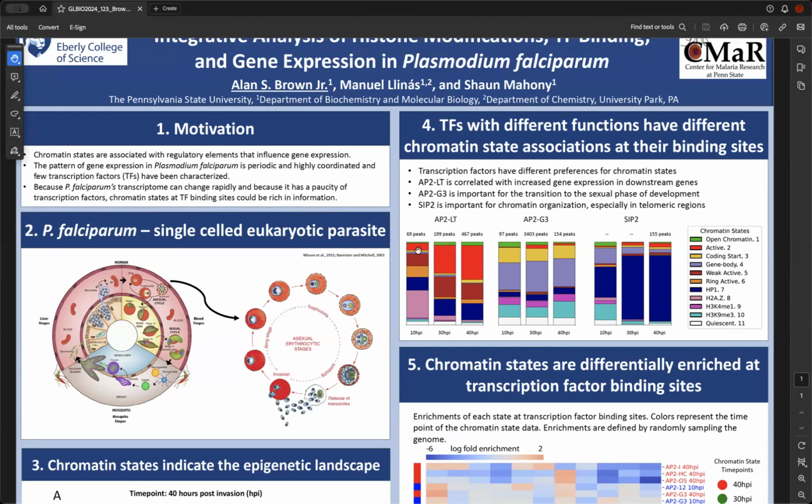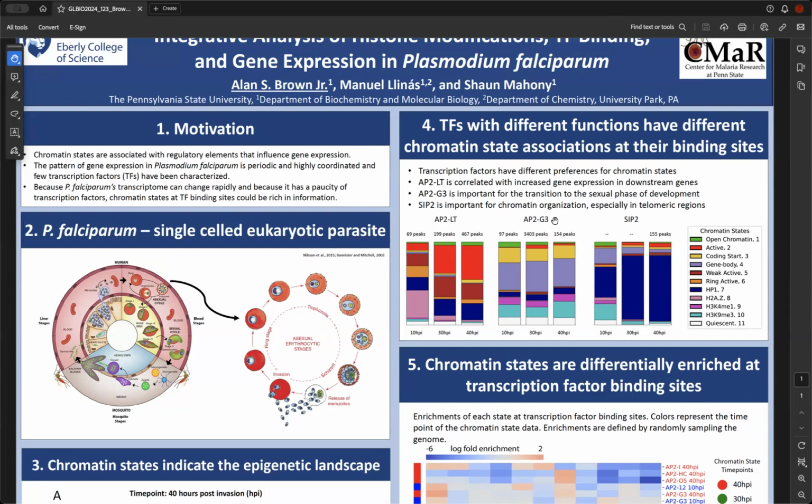And you can see this is chromatin at the binding sites for any of the peaks at any of the time points. So it's like the superset. So you can see that the chromatin under binding sites is shifting towards more active and less H2AZ. Next, we have AP2G3, which is an important regulator for the sexual phase of development.